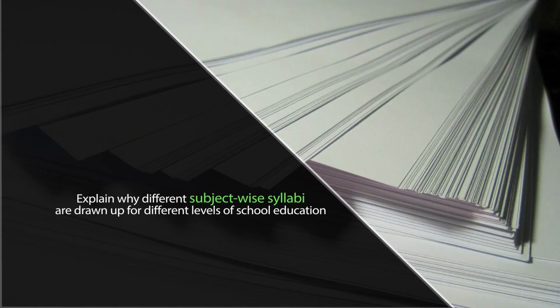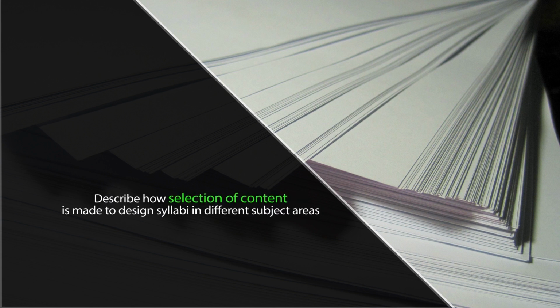You will be able to explain why different subject-wise syllabi are drawn up for different levels of school education, and you will be able to describe how selection of content is made to design syllabi in different subject areas.